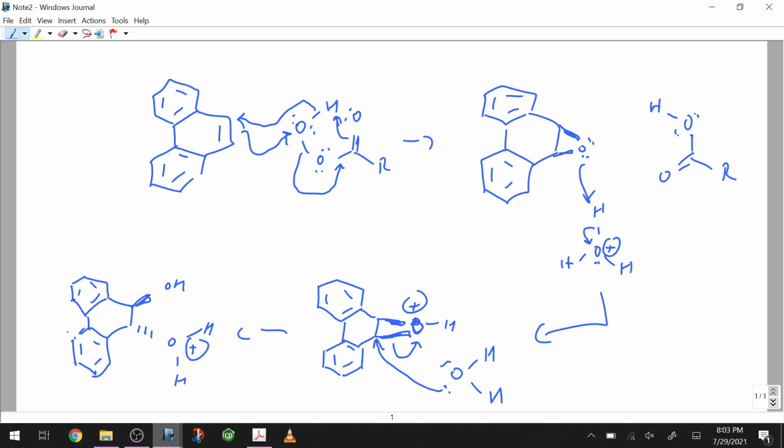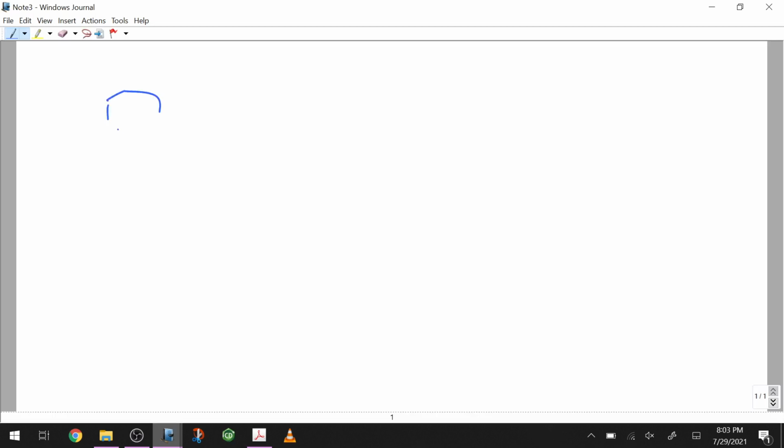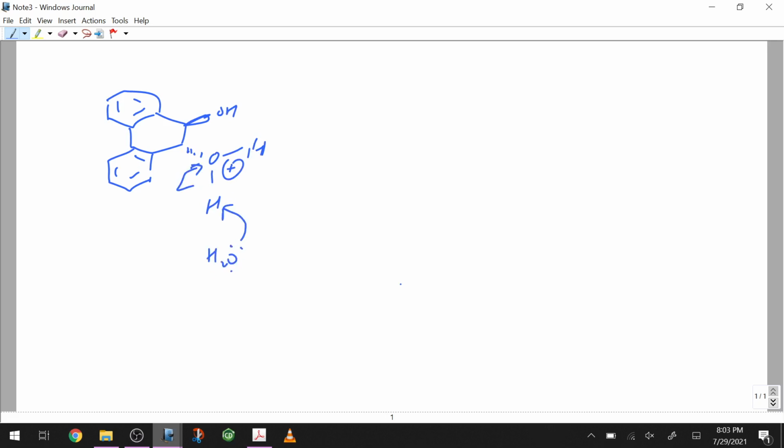So if I take that, still in water, water will take care of that by reforming the hydronium ion, and I get the product diol.